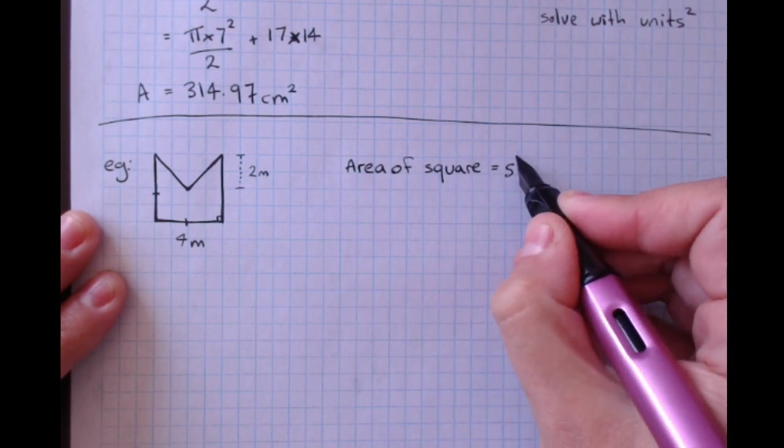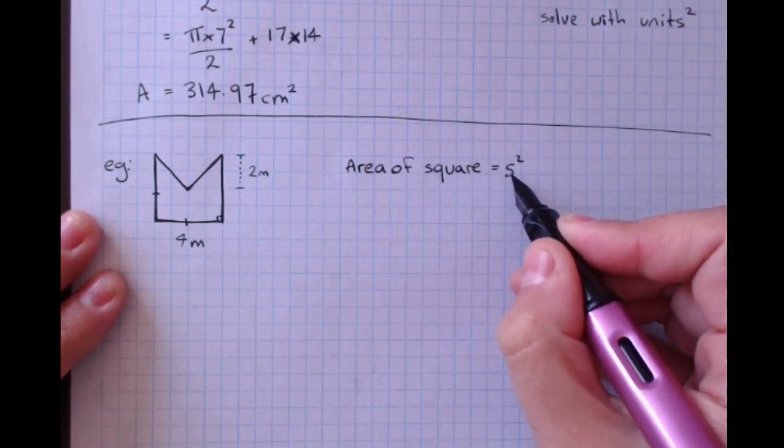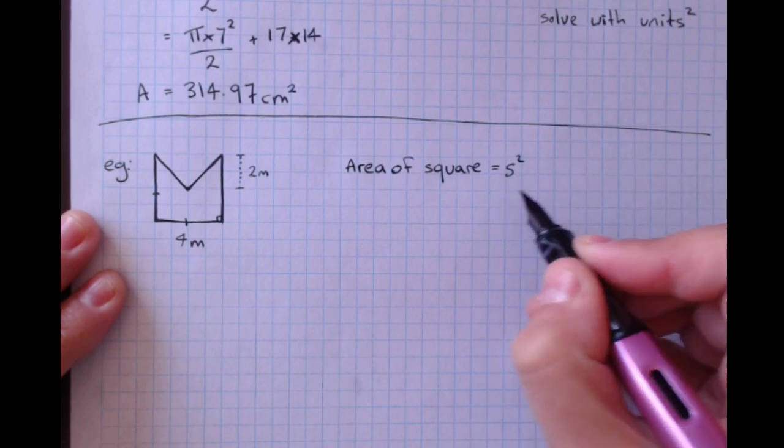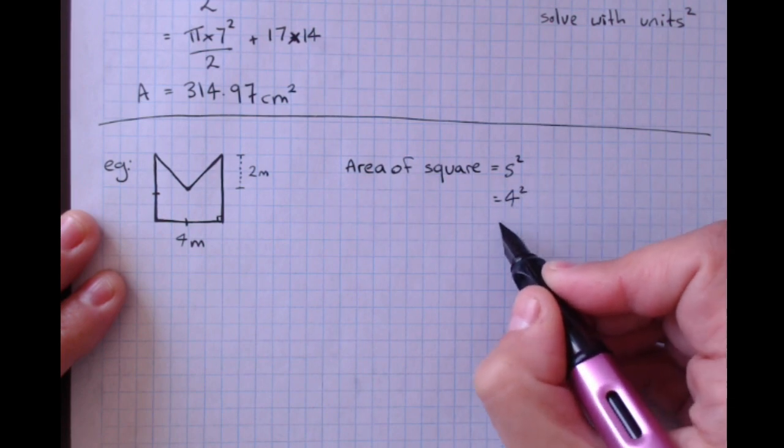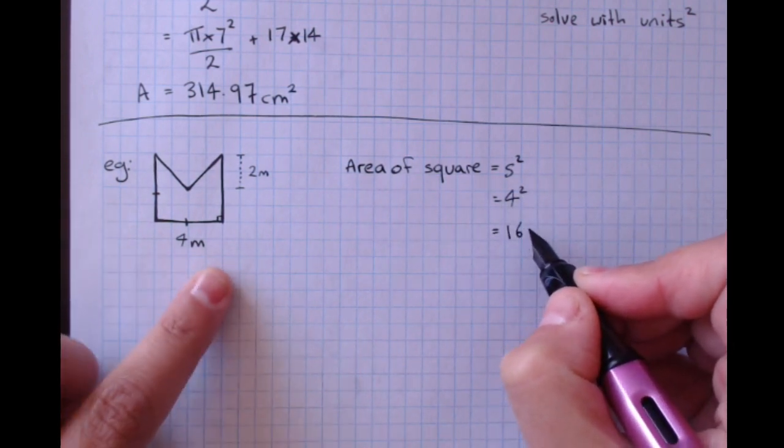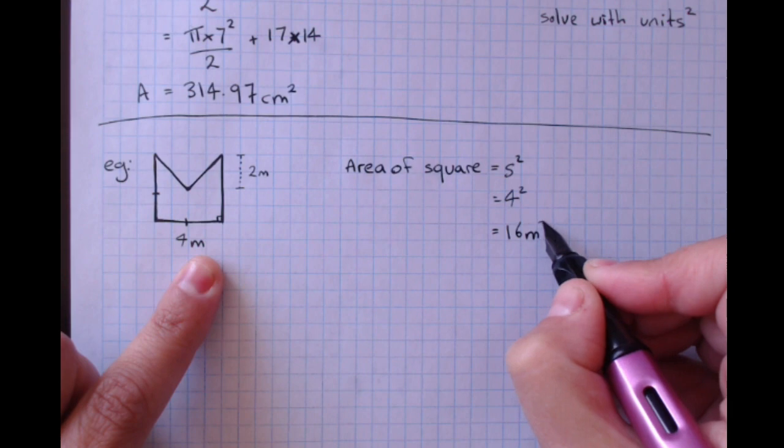Area of square is side squared or length squared. That's not a 5, that's an S for side, or length if you prefer, L, which is 4 squared, which is 16. Units are meters, so it's meters squared.